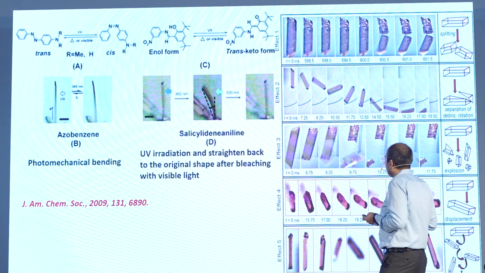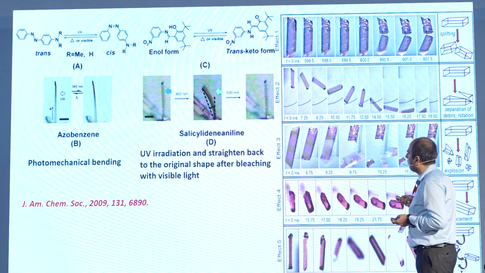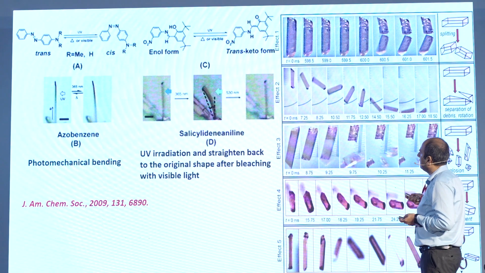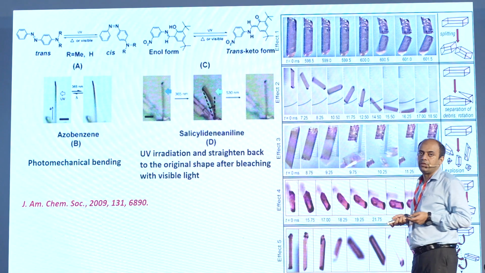This dates back to a nice report in Jackson 2009 when a trans azobenzene compound substituted with a dimethylamino group was exposed to UV light, and these are the crystals you can see, and on exposure to 365 nanometer UV light the crystal starts bending, and when you withdraw the light source and apply heat, it comes back to the initial configuration.